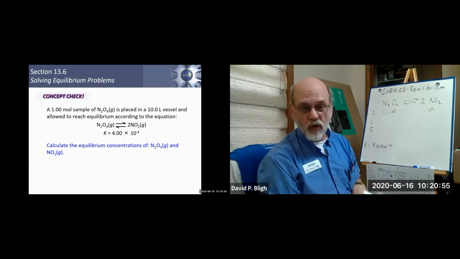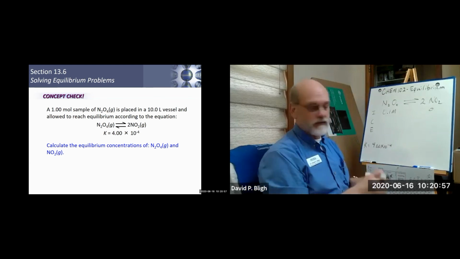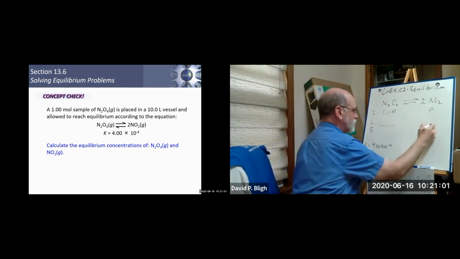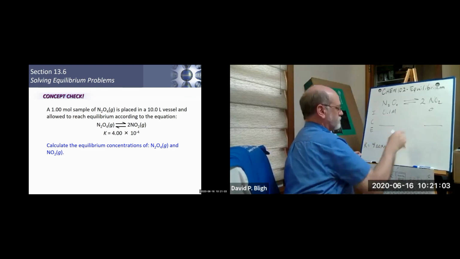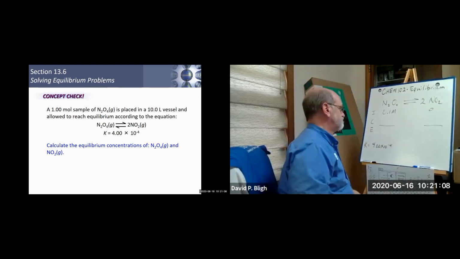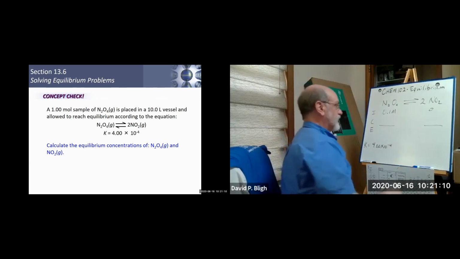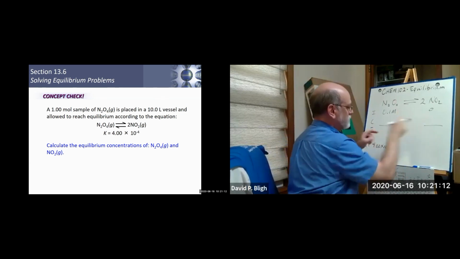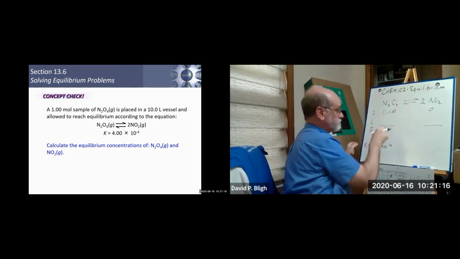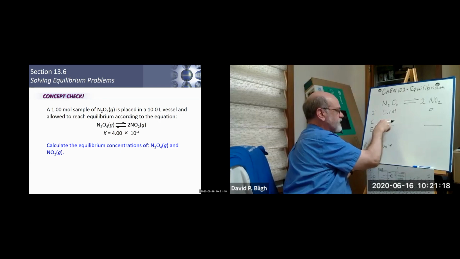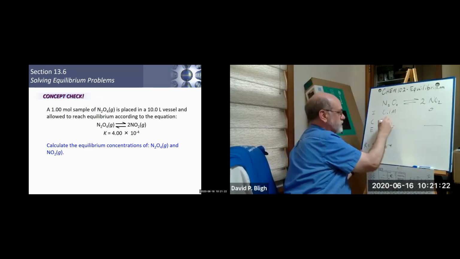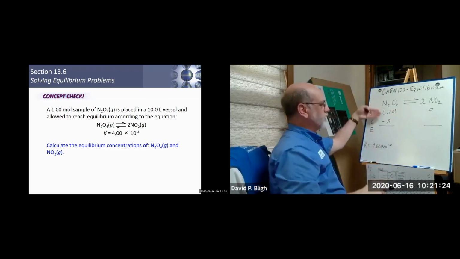Okay, so we want to know what's the equilibrium concentration of both of them. So we're looking for these values here. Let's say this one is X. So if we choose this one as X, it's going to be minus X because it's going that direction. We're going to lose some of this.